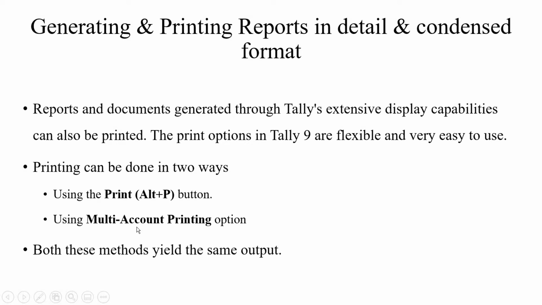In case of multi-account printing, it is used to print the primary books of accounts like cash and bank books, ledger accounts, sales and purchase register. Instead of selecting accounts one at a time, we can press the shortcut key, that will be Alt plus P. Right now we will see the practical part of this in Tally.